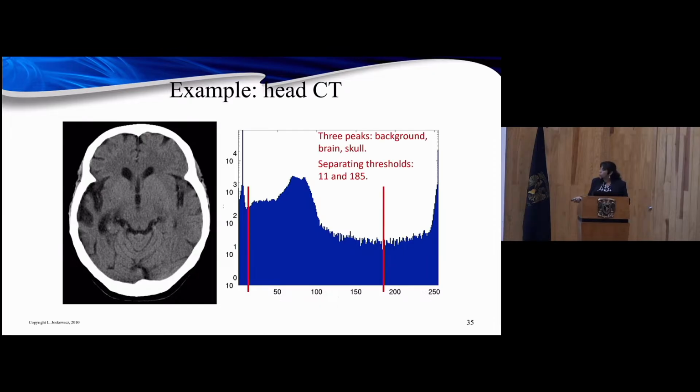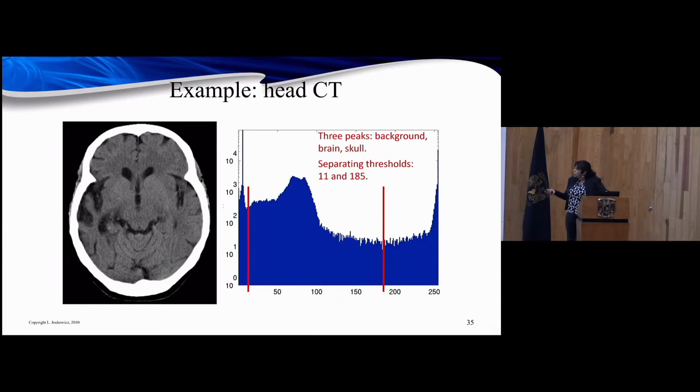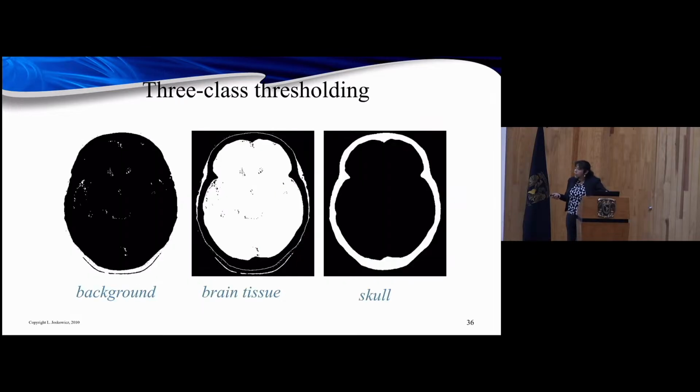Like I want to threshold this into the background, the brain tissue, and the skull, no? And this image is a head CT. So I create a histogram of the image, and then I apply two thresholds, and I get this.